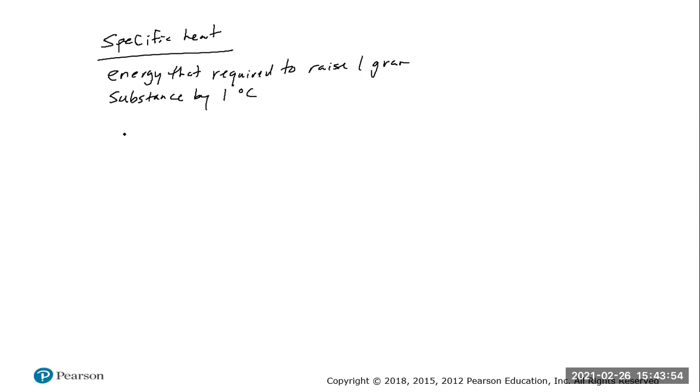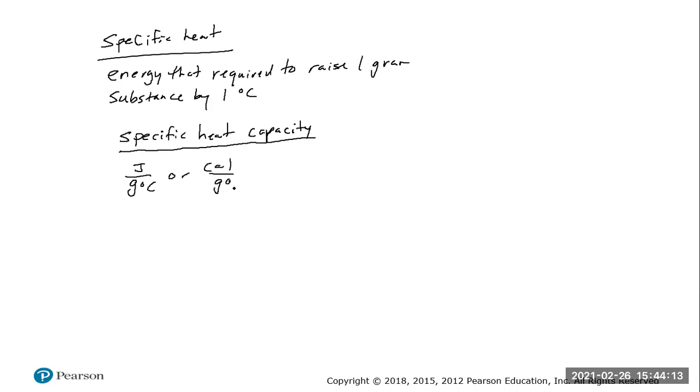When we talk about specific heat, we often talk about the specific heat capacity of a substance. Specific heat capacity usually has units of joules per gram per degree Celsius, or calories per gram per degree Celsius.